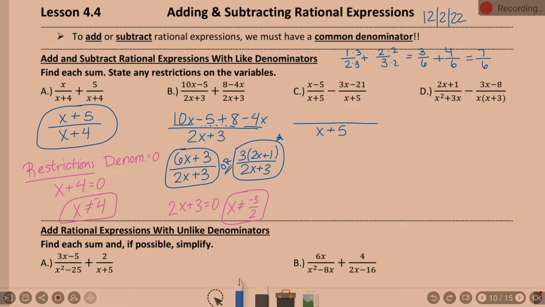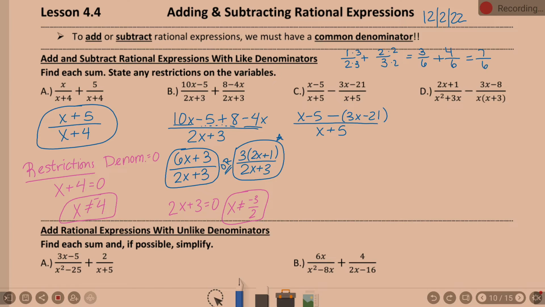Now, what you've got to remember is when we are subtracting, we're subtracting everything from the second fraction. One way I can show this is x minus 5 minus, and I'm going to put 3x minus 21 in parentheses as an option of how to show it. But you've got to remember we're subtracting everything in that second parenthesis.